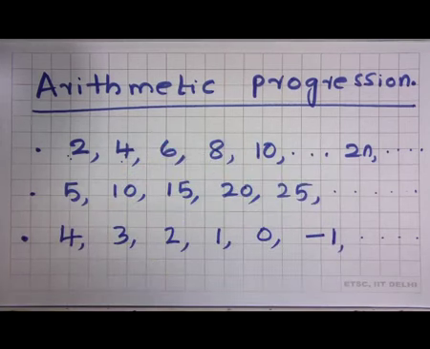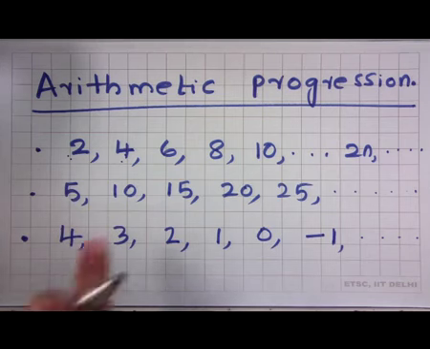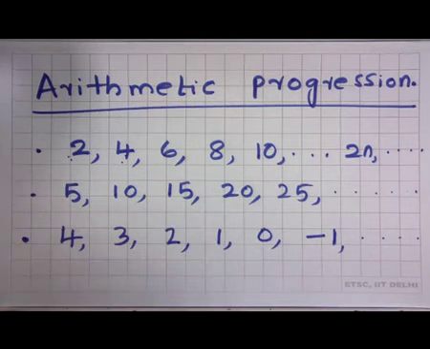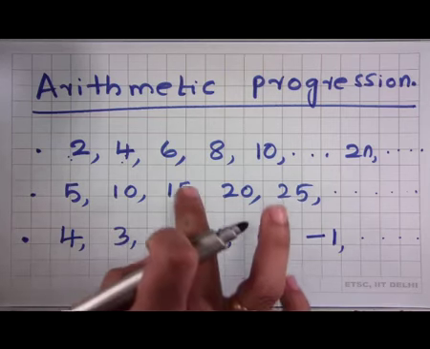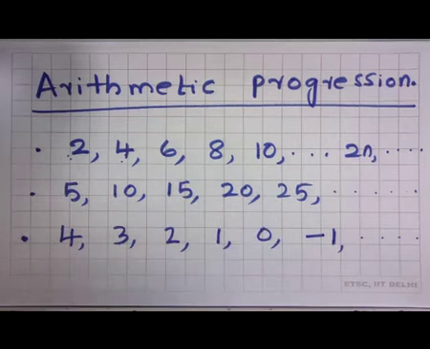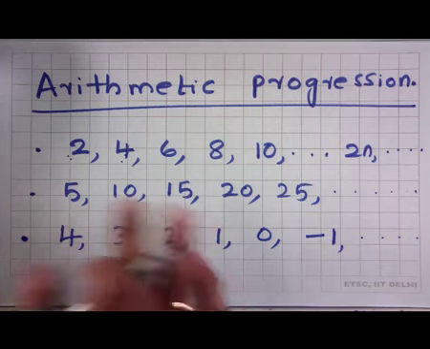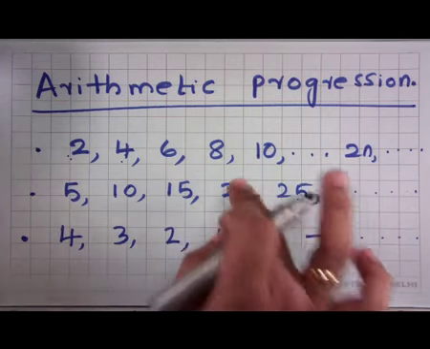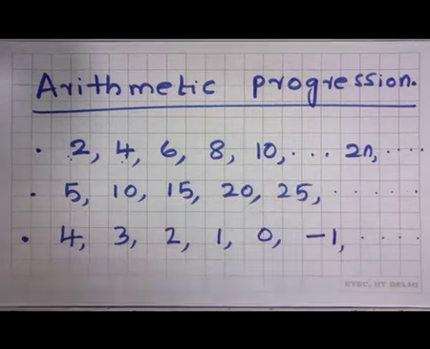Similarly, in the second example, the difference between second term and first term is 5, which is the same as the difference between third term and second term, which is again 5, which is the same as the difference between the fourth term and third term, and so on.